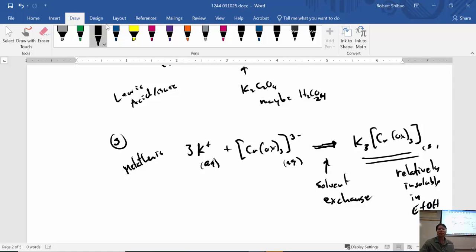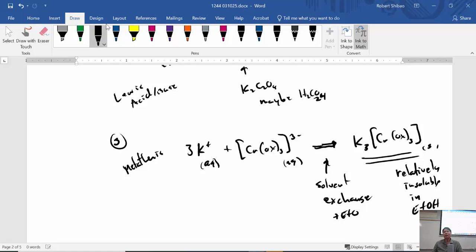So what we're going to do is this. We're going to have a certain amount of water. It's fixed. And then we're going to keep adding more and more ethanol. The more ethanol we add, the more ethanol-like the solvent is, and the more this should precipitate out. And so it's not really exchange. We're just going to dump in ethanol.